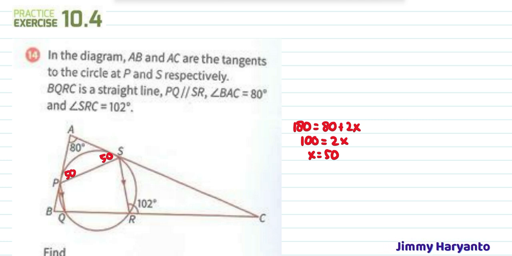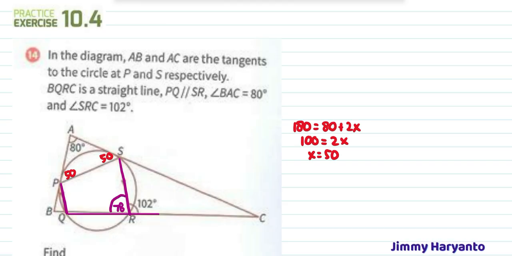Okay, next is to find this one. This one will be 180 minus 102 equals 78. So this one is 78, and then we can use this. Yeah, we have parallel lines right there.